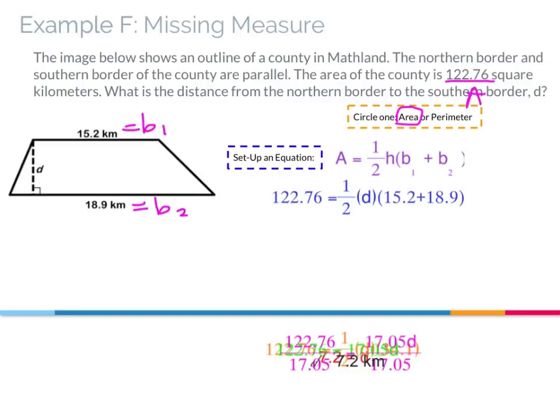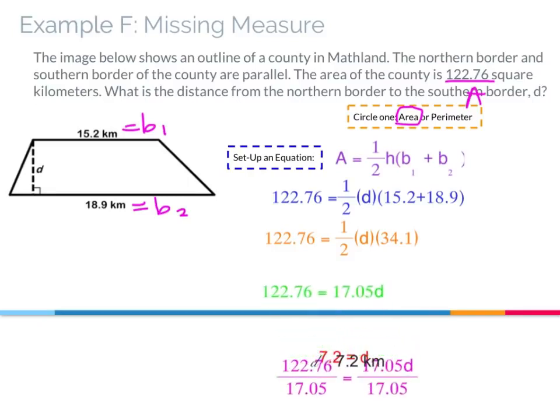Now I have to use order of operations to solve, so I need to add the 15.2 plus the 18.9 together inside my parentheses, and that will give me 34.1. And then from here, I can combine like terms, so I can combine the 1/2 times the 34.1 to give me 17.05.